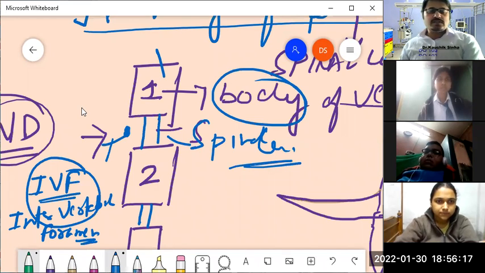Understood? Why is this known as the intervertebral foramen? Similar to the cranial cavity, foramens are basically the passageways, the routes, through which the nerves, blood vessels, and lymphatic ducts can pass.